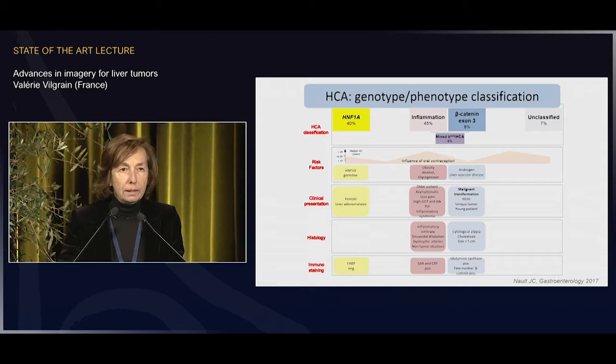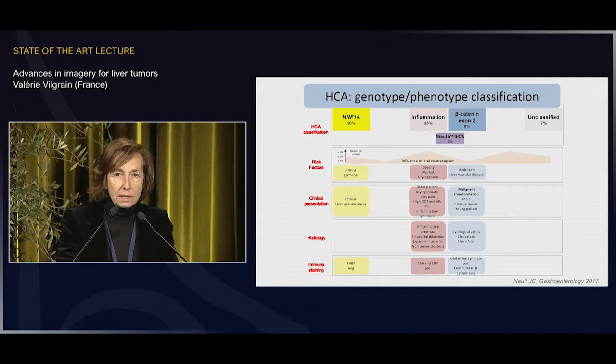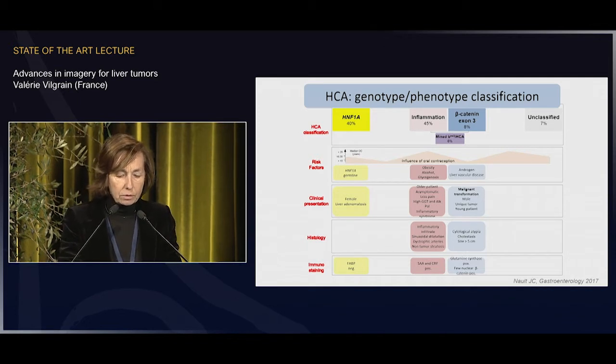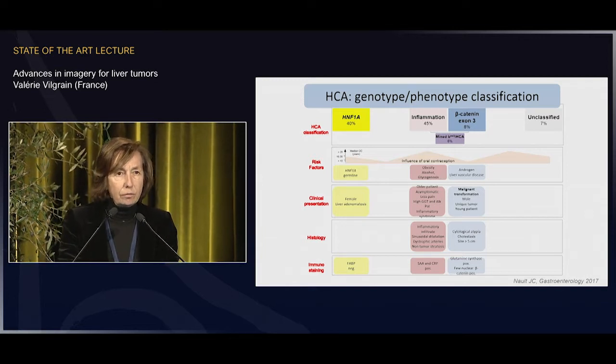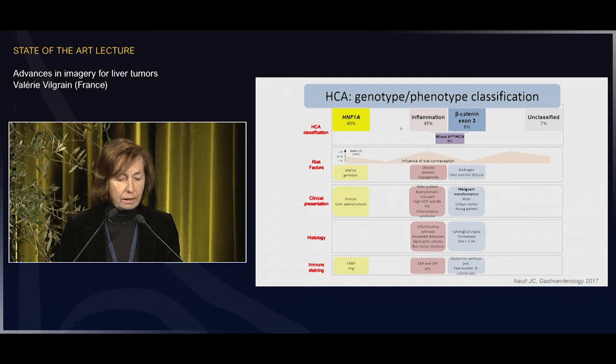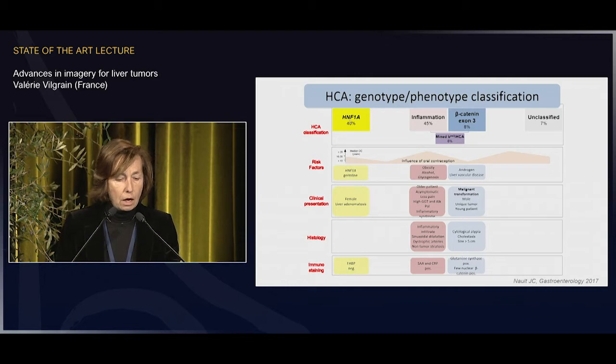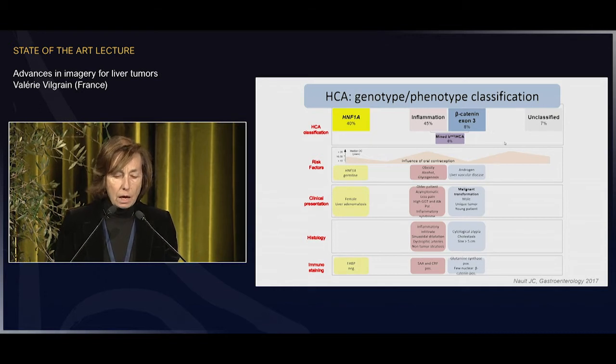You know very well this classification that has been brought by Jessica Zucman-Rossi and her team in 2010, which defined, besides the unclassified, three major subtypes: the HNF1 alpha, the inflammatory hepatocellular adenoma, both of them comprising 80% of hepatocellular adenomas, and then the beta-catenin exon 3.